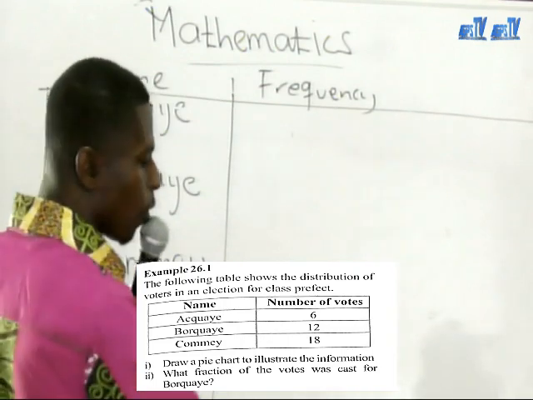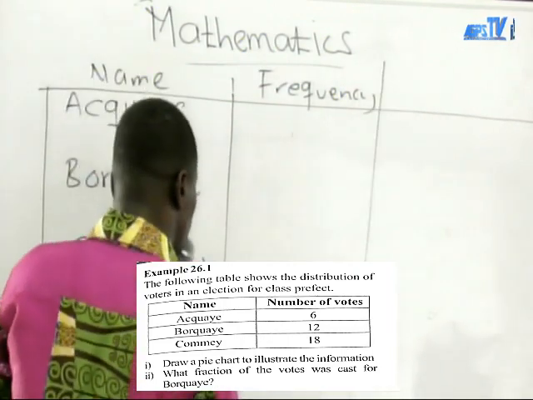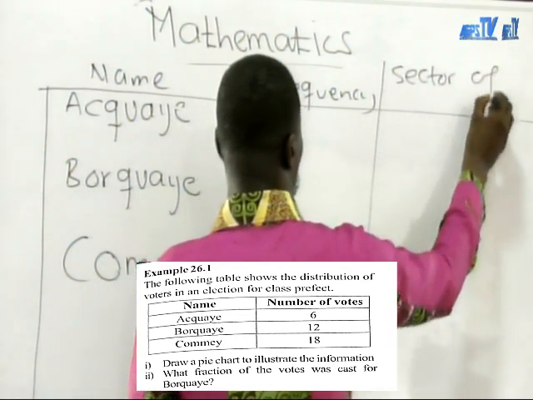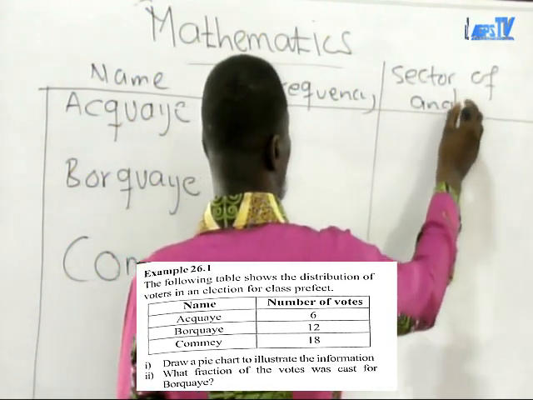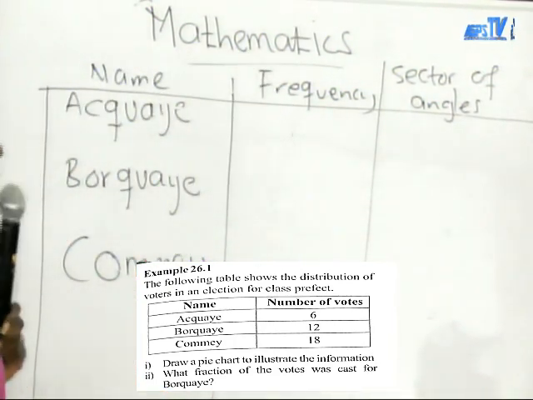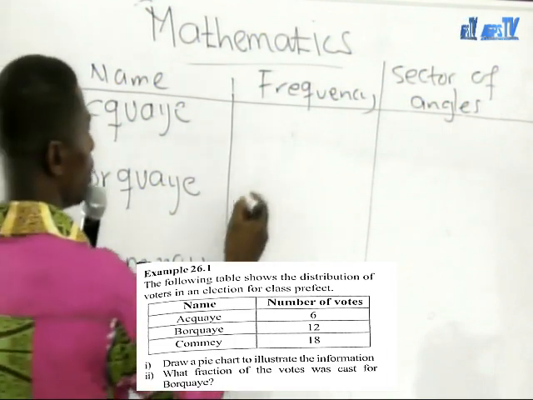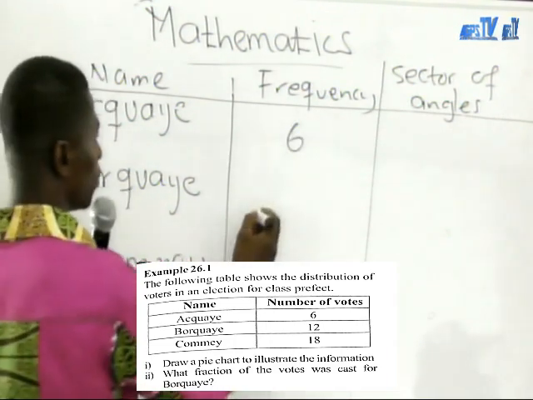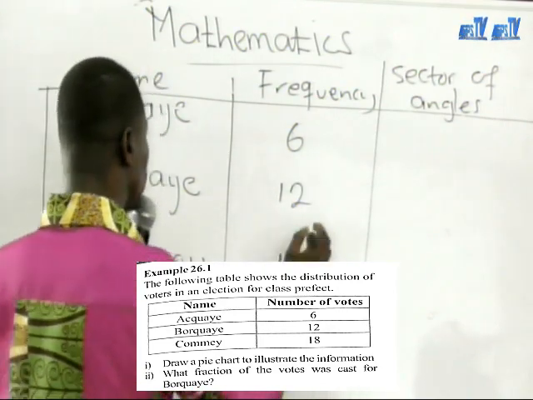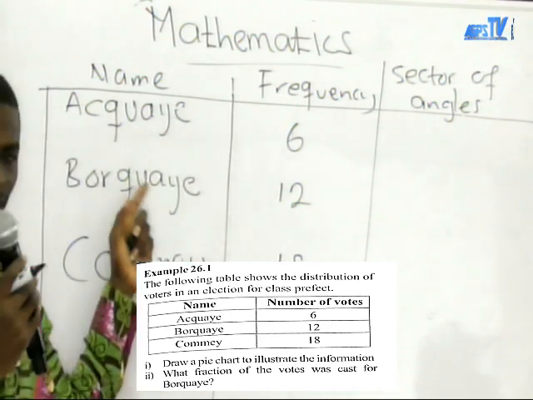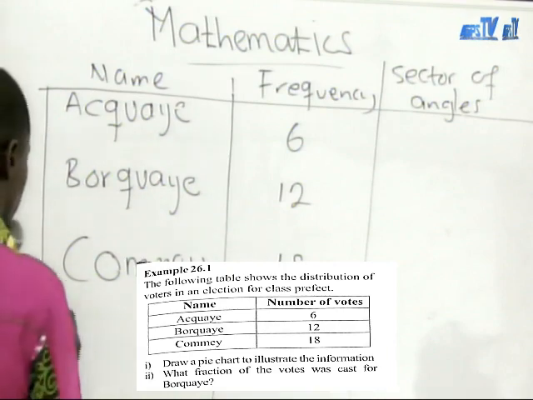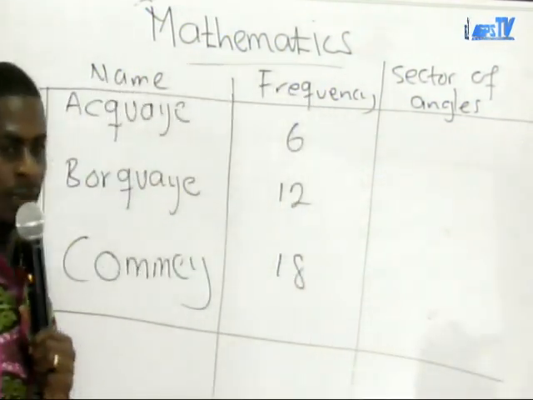Then we can also look for our sector of angles. So we have that. Now these are the number of votes for each. So we have 6, 12, and then 18 for Akweye, Bokweye, and Kome respectively. And so this is what we have.